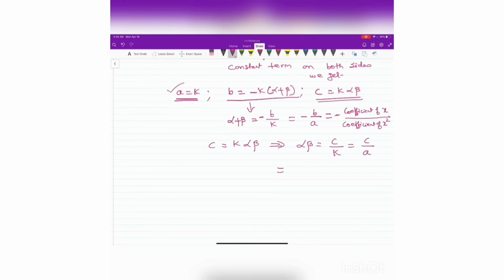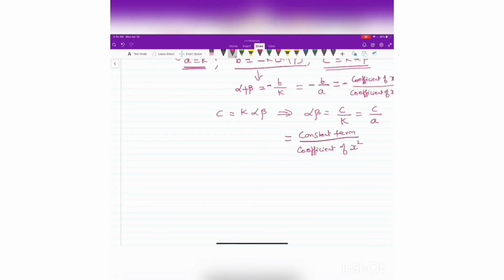C is the constant term. So constant term by coefficient of x square. Now we got the relationship between the zeros and the coefficients of the given polynomial.